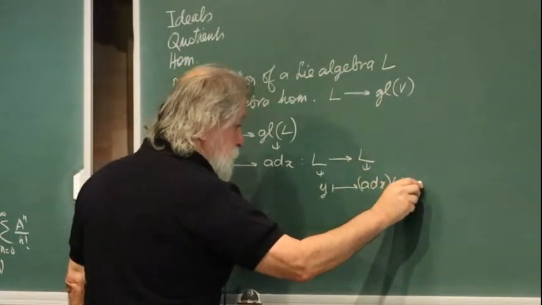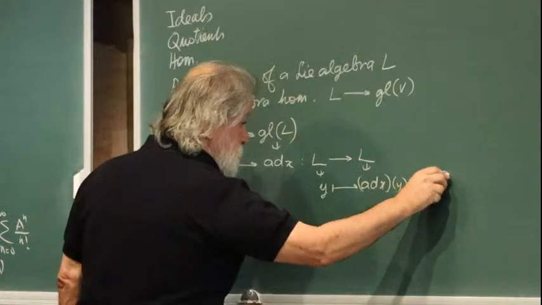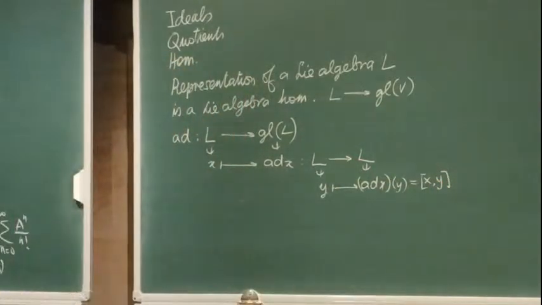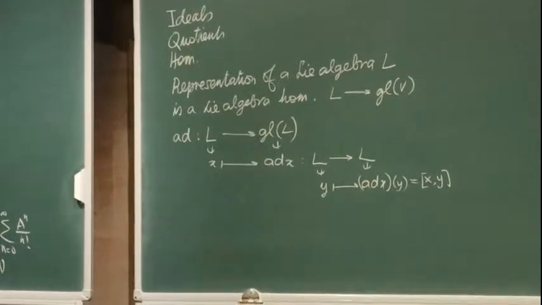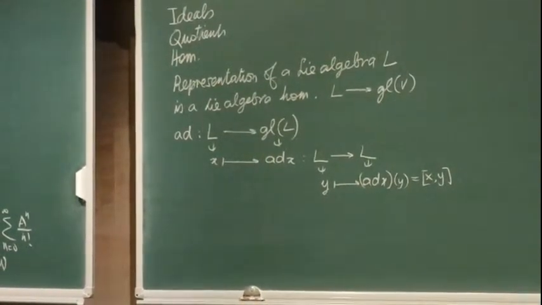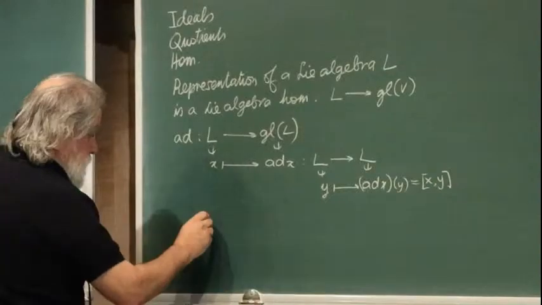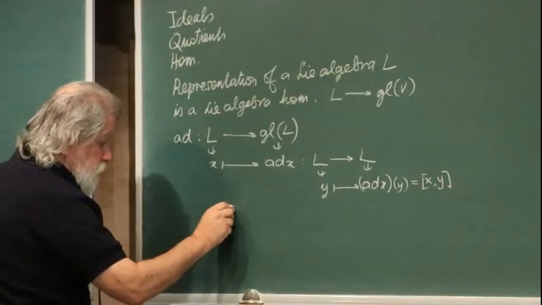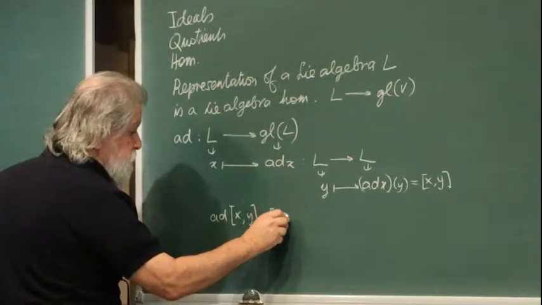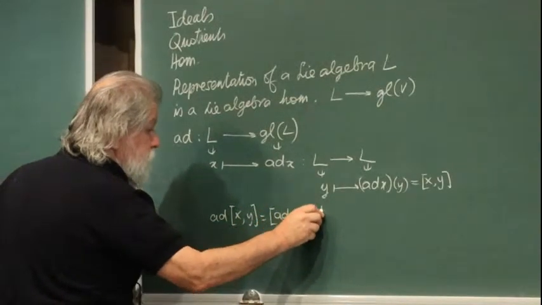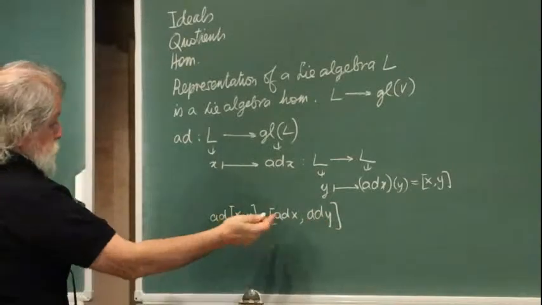This is the bracket of X and Y. And so we have here ad [X,Y] is equal to [ad X, ad Y]. So it's a Lie algebra homomorphism.